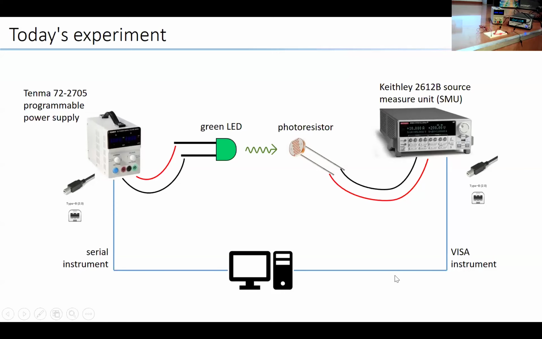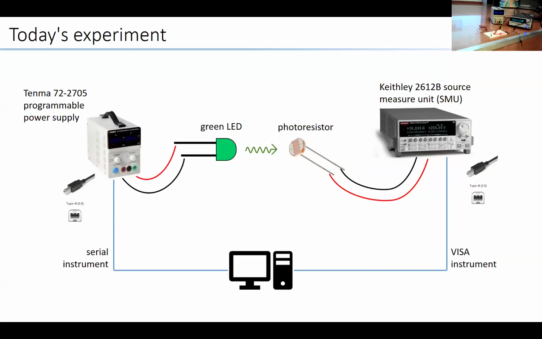So, well, you might not be able to see it on Zoom, but anyway, there's an LED here, which is that green LED that's in the presentation. And right in front of the LED, we have a photoresistor, which is this little device here.